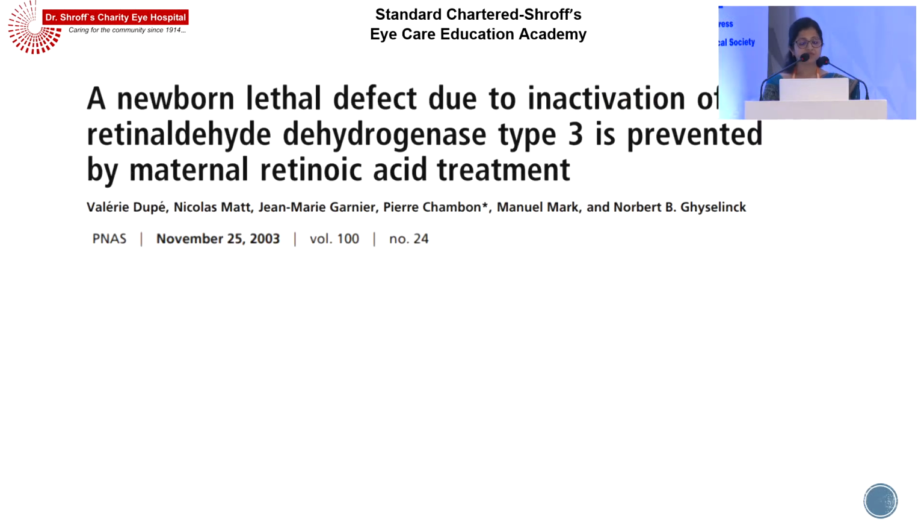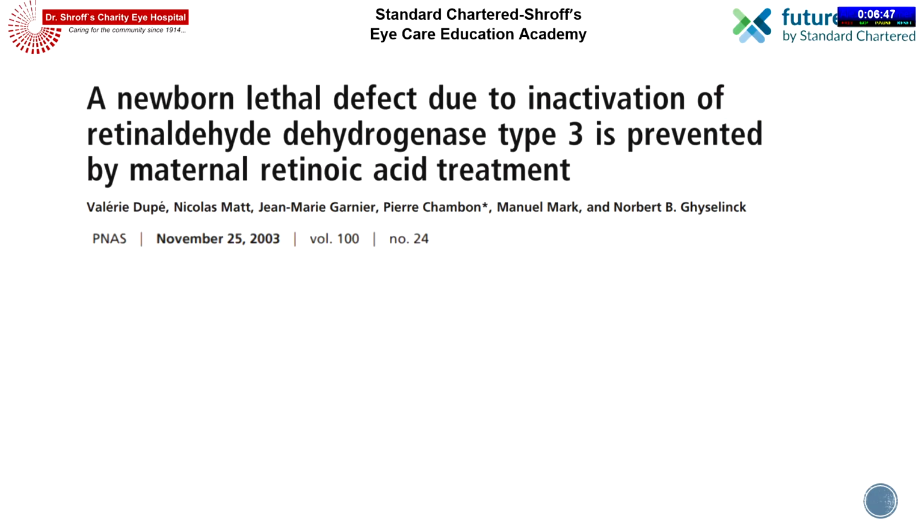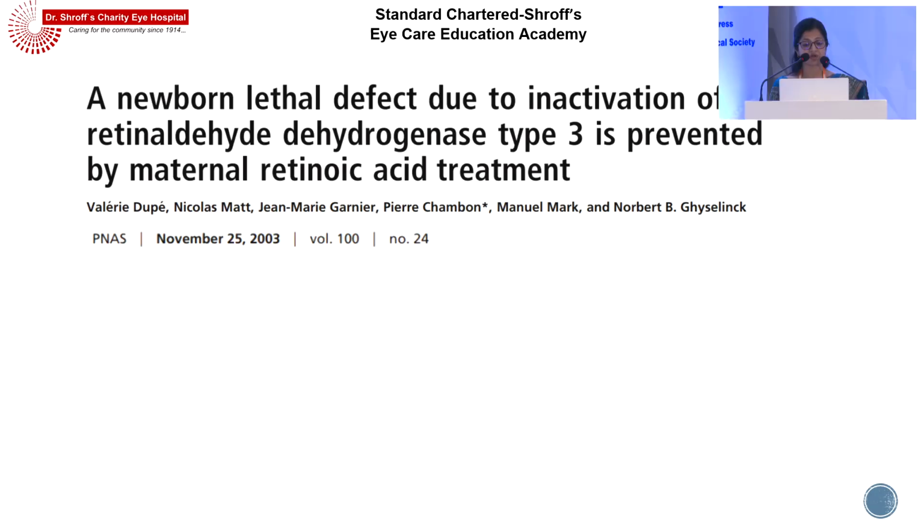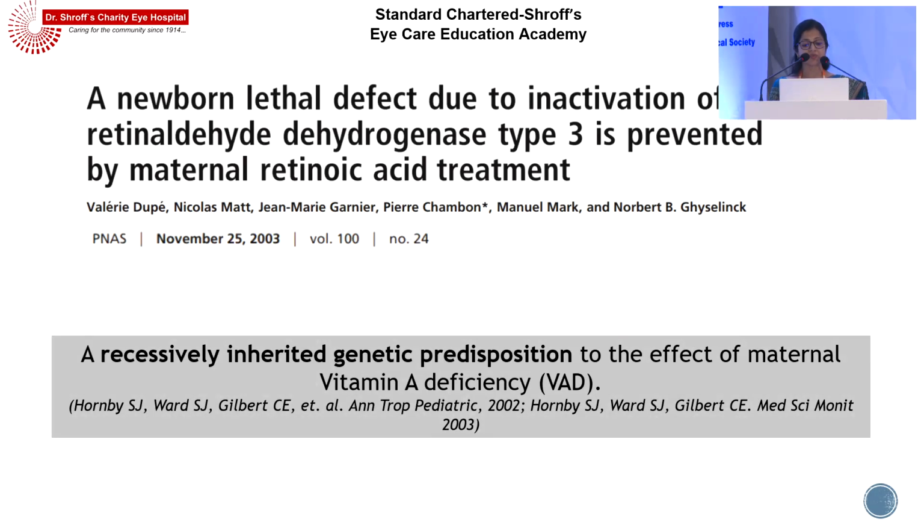So is this enough? There is some other direct evidence, like this knockout mouse model where retinaldehyde dehydrogenase type 3 was knocked out and it led to a lethal defect, and maternal retinoic acid treatment in these mouse models actually led to a rescue.